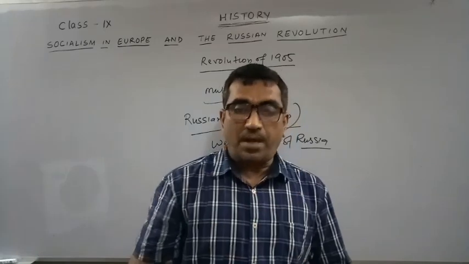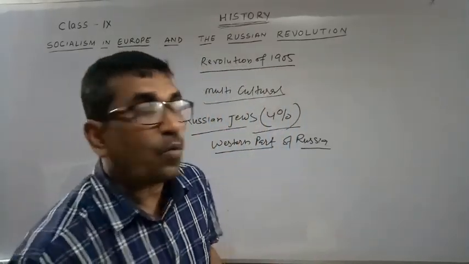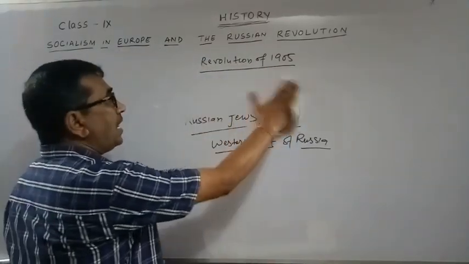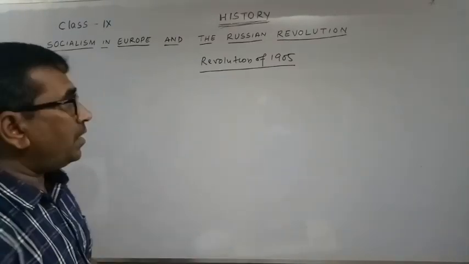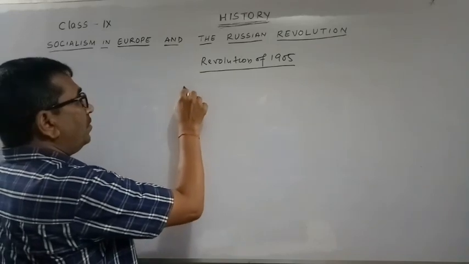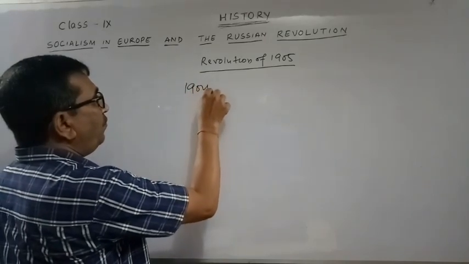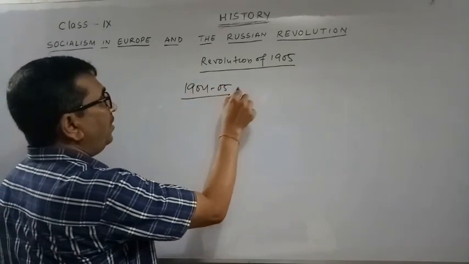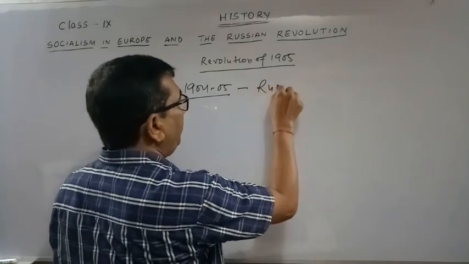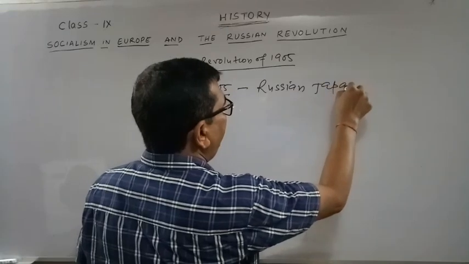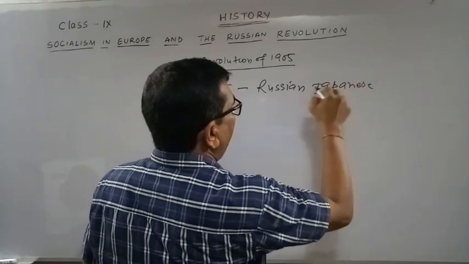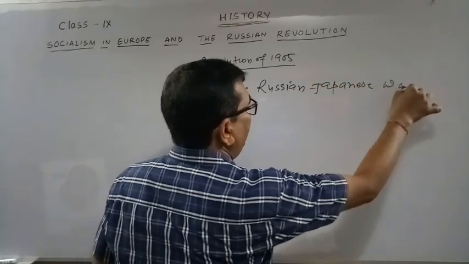And the most important among these was the war of 1904 to 5, the Russo-Japanese war.